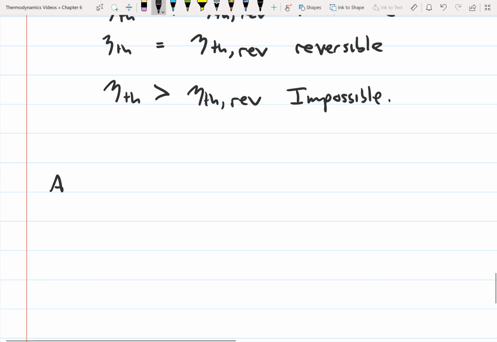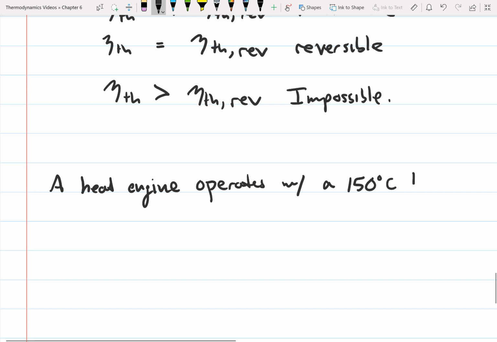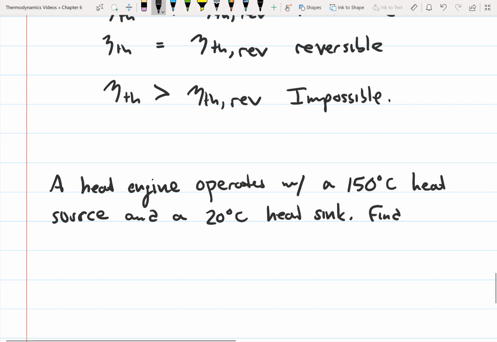Let's say that we have a heat engine that operates with a 150 degrees Celsius heat source and a 20 degree Celsius heat sink. And we want to find the maximum possible thermal efficiency.